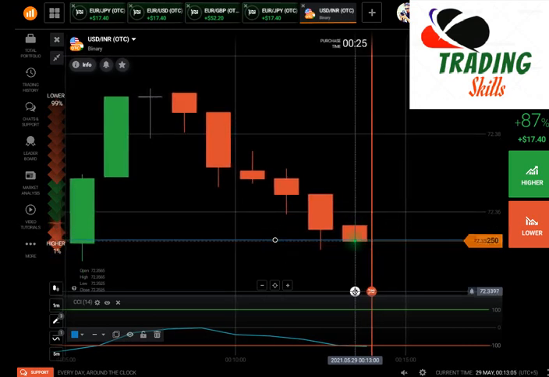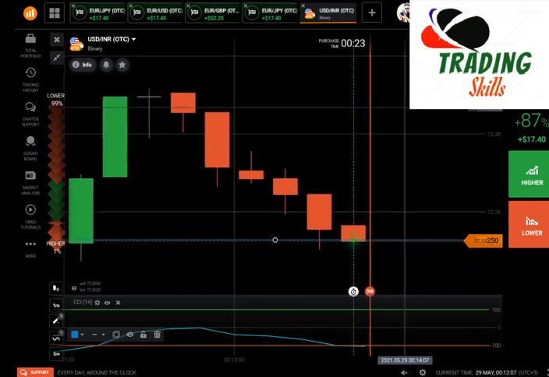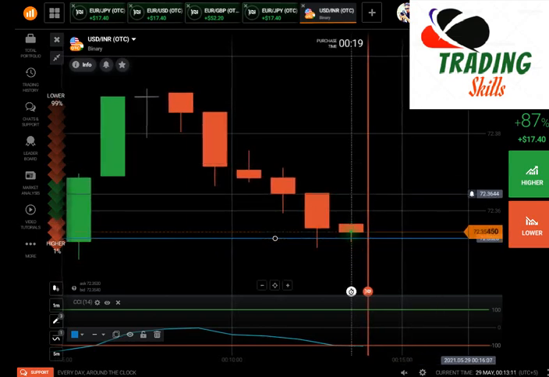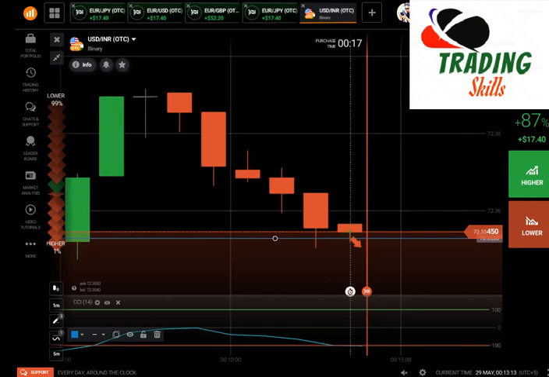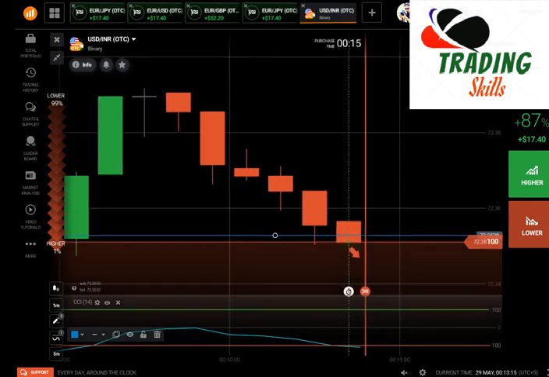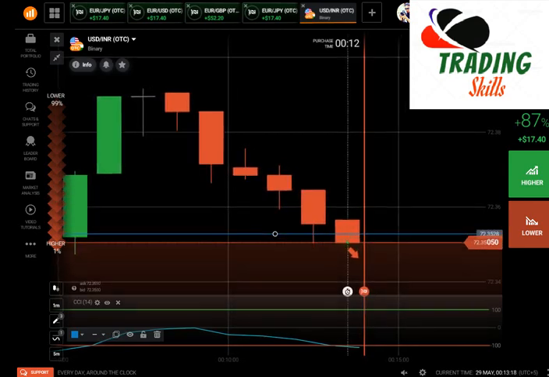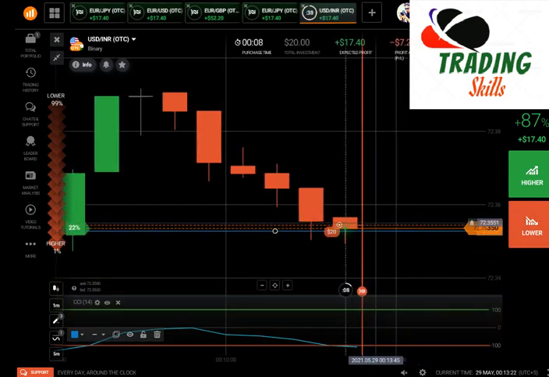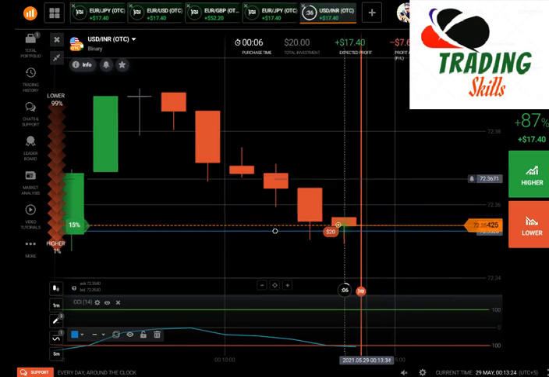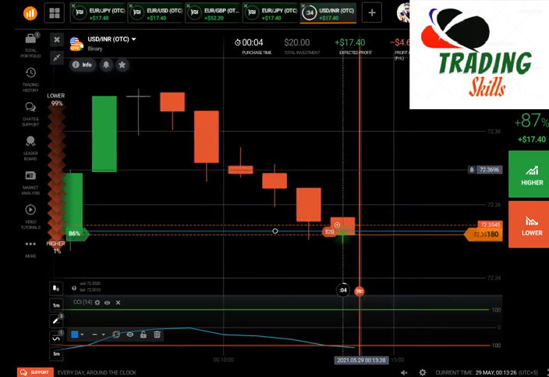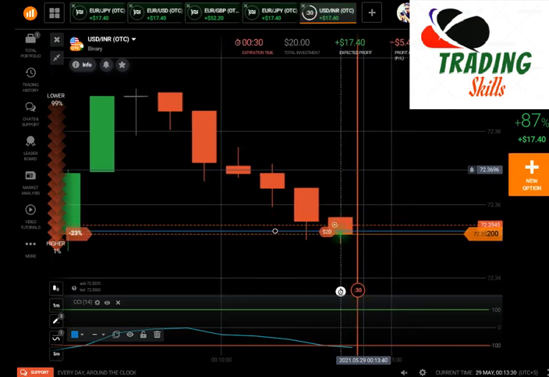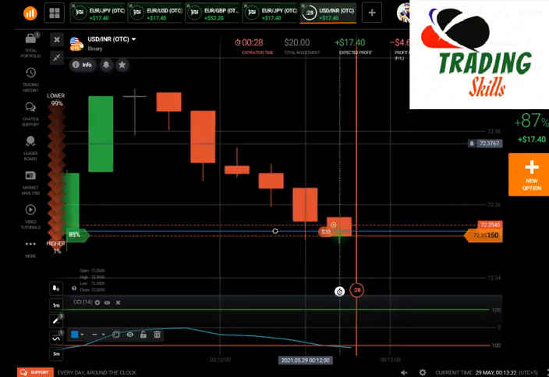Okay, now this time the next candle has to go down. So let's see. Okay, now if the candle goes up, I'm going to take my trade in a down direction in the upcoming. Okay, now you will see this move will ensure that the next candle will be a bearish candle.